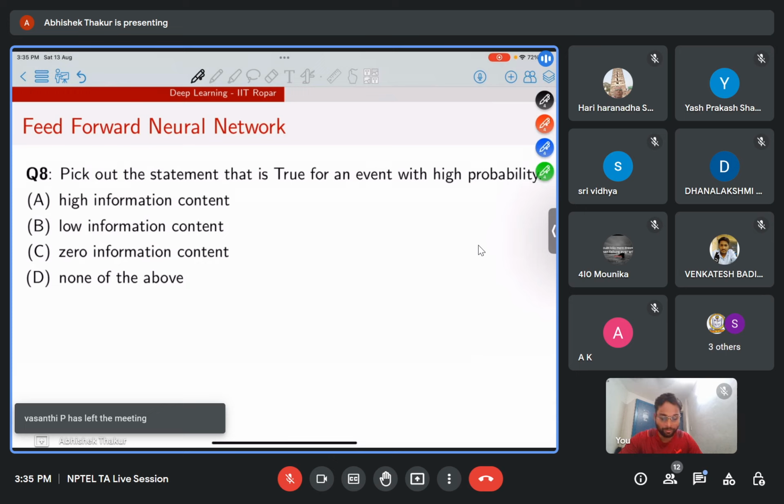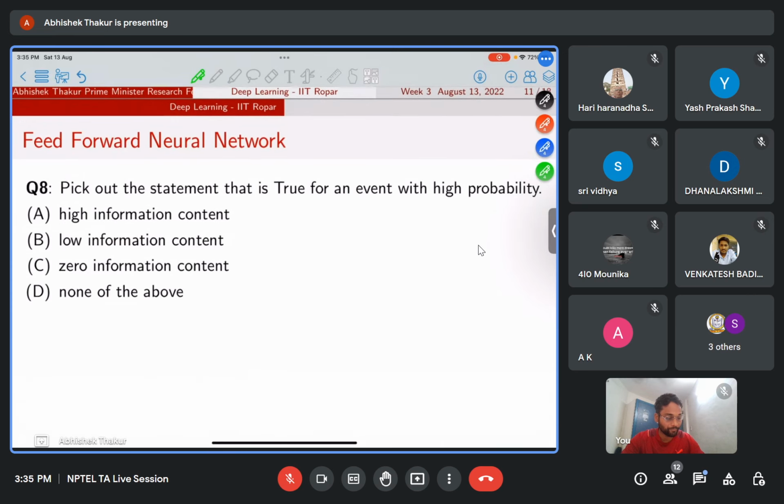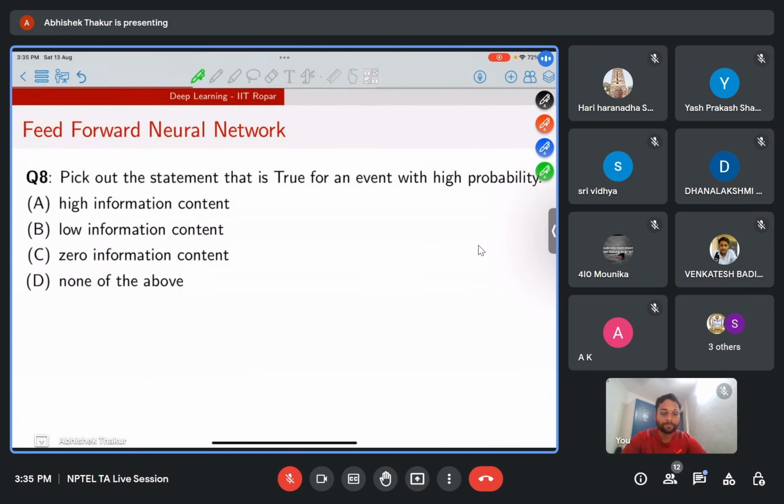Okay. So now coming to question 8, that is pick out the statement that is true for an event with high probability. This question is based on the information content and probability value. If some event has probability equal to 1, then that event does not contain much information, like the sun rising in the east.